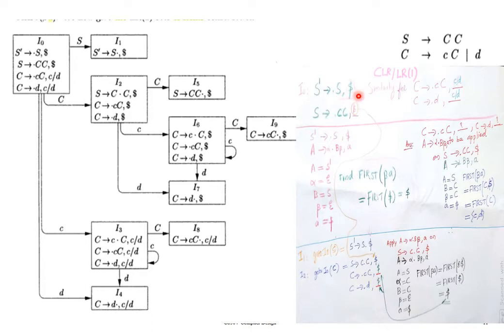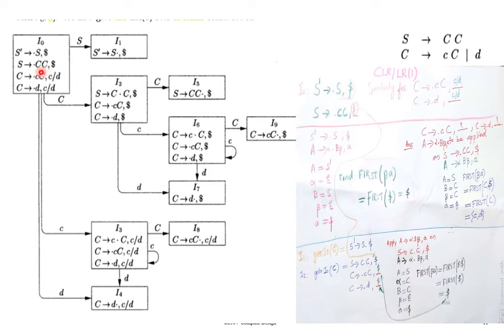So we can examine that. Again, you consider S gives dot CC. Similarly, you can observe here itself: A gives alpha dot B beta comma a.